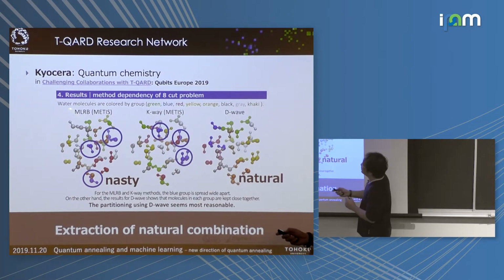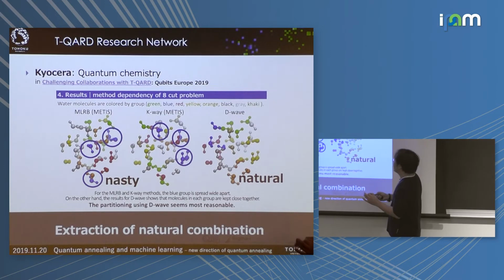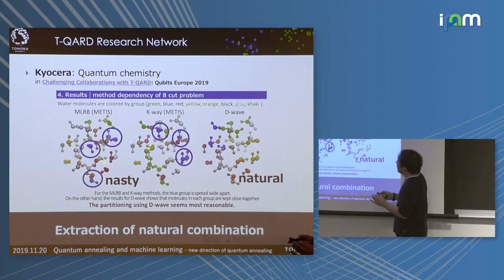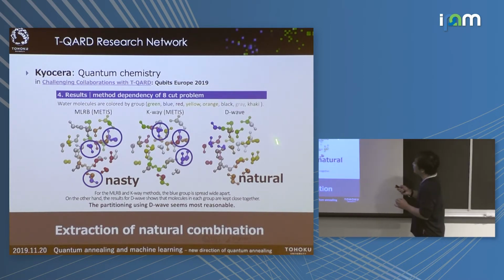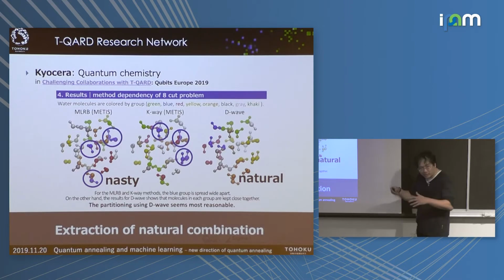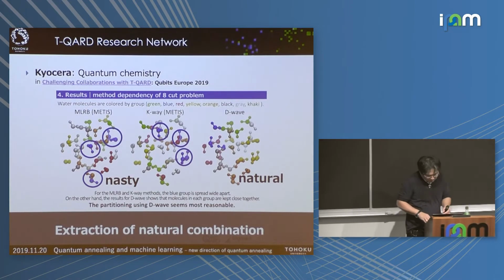The previous standard methods failed to find clusterings of molecules and found unnatural structures, but by use of quantum annealing, they find natural clusterings of the quantum molecules.